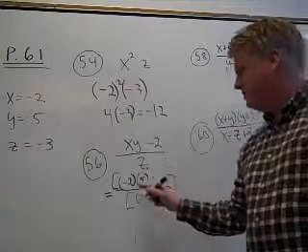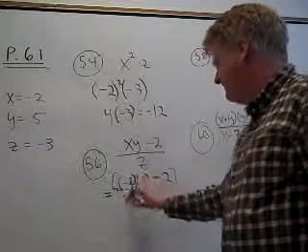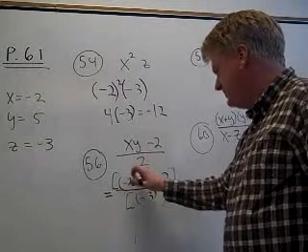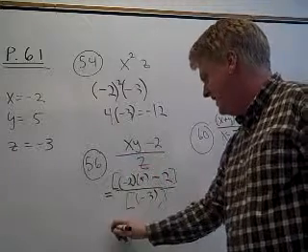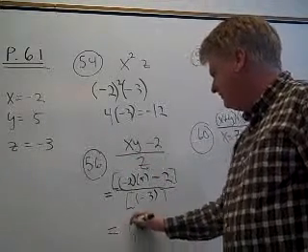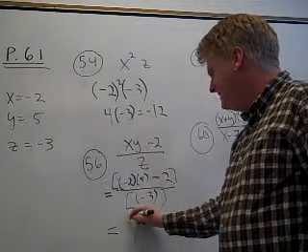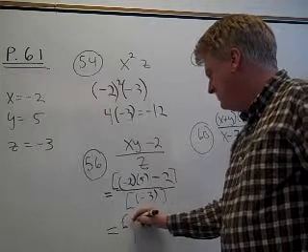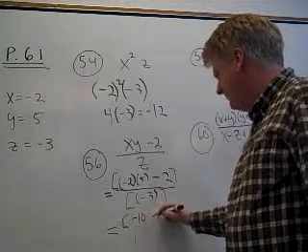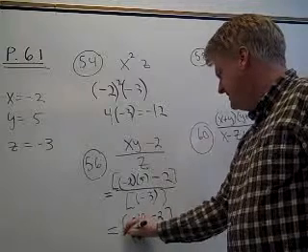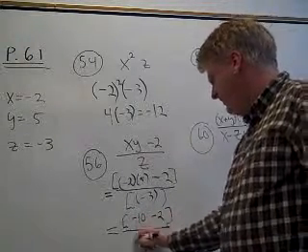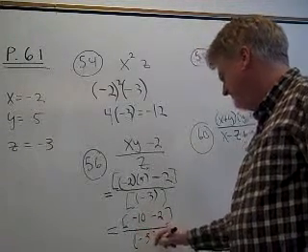So, we do each parentheses by itself, and this multiplication is the first thing inside this top parentheses. So -2 times +5 is going to be -10 minus 2, and downstairs we are left with -3.